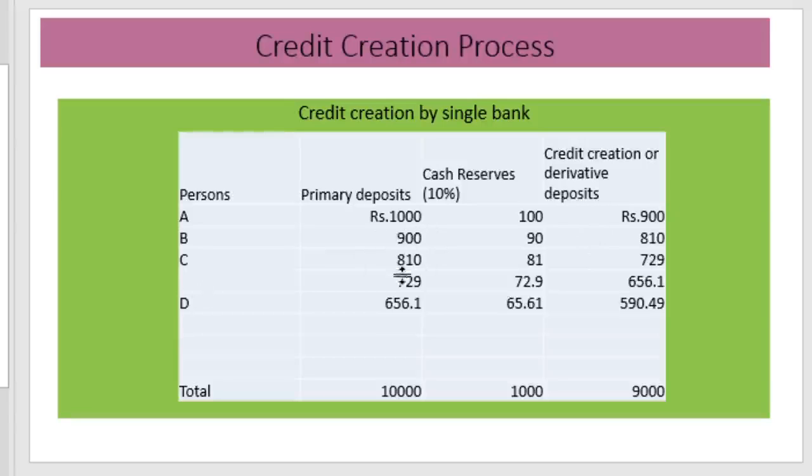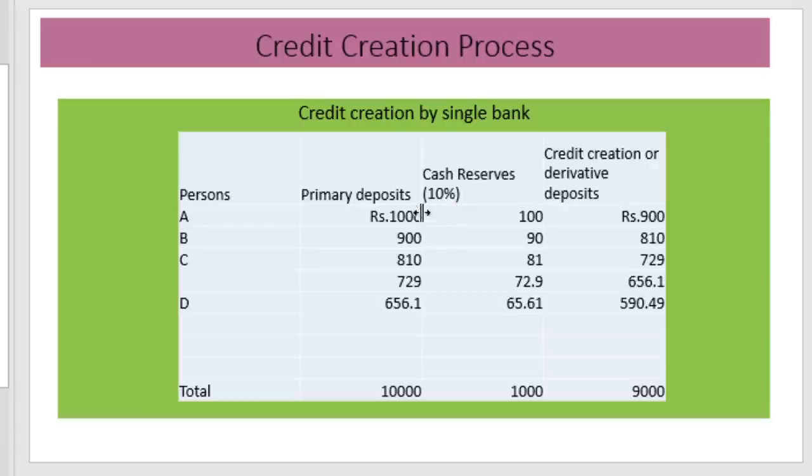Then after keeping 10% of this 900, that is 90 rupees, the rest of 810 can be given as loan to the third person. After keeping the cash reserve of 81, this 729 can be lent, and this process will continue. The total amount that the bank can create equals the credit multiplier; if 10% is the cash reserve ratio, the credit multiplier is 10.